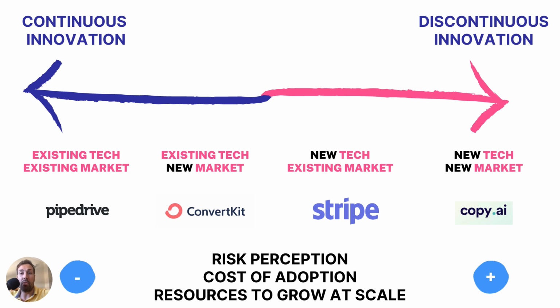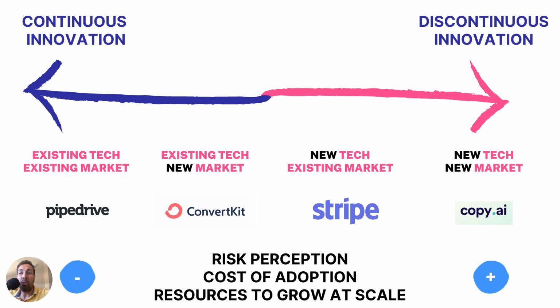For example, Stripe. Stripe was introduced when there was already a market using online payment, or let's say payment authorization tools or payment platform tools. There were Authorize.net, there was PayPal, there were all the platforms. Every different bank had their platforms, remember, before Stripe.